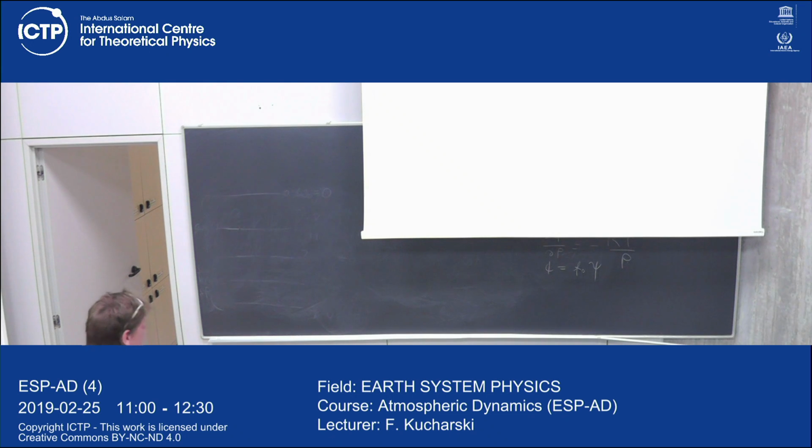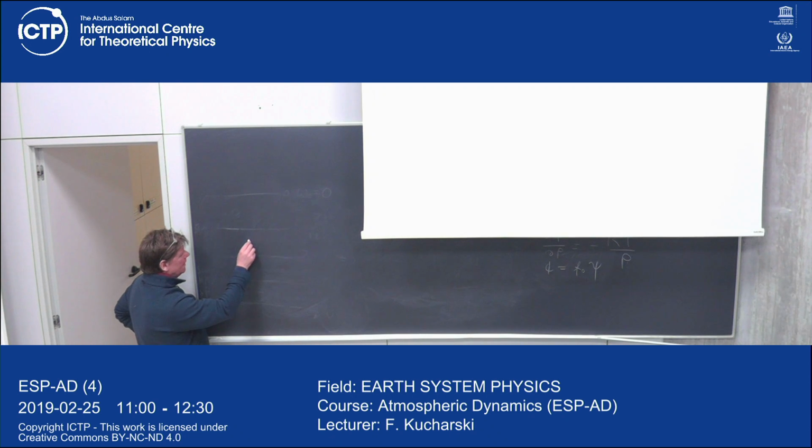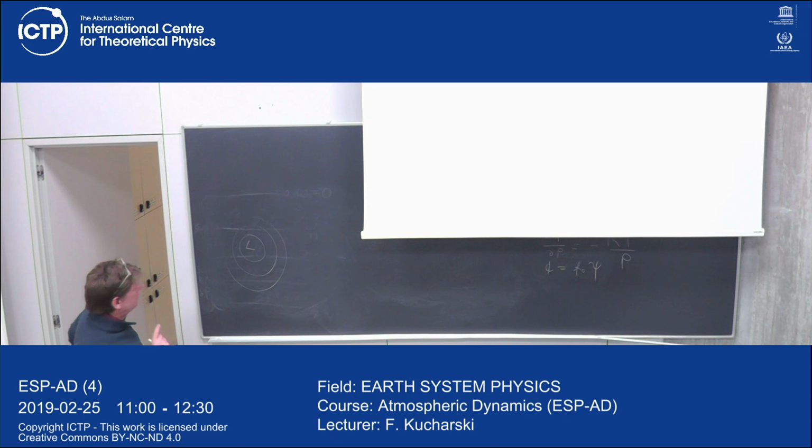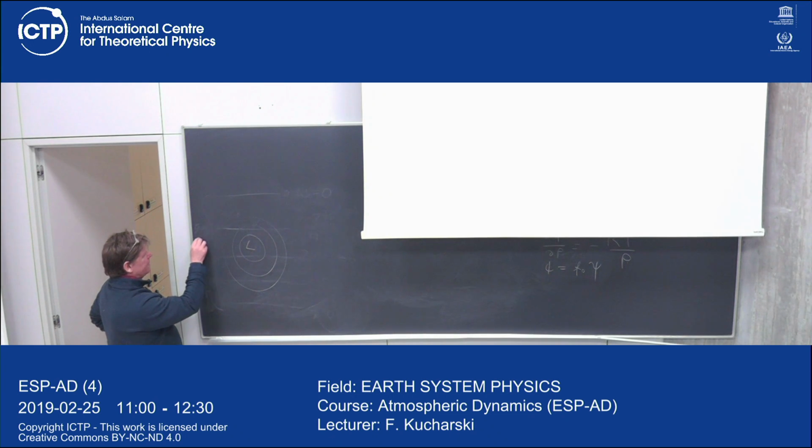So it turns out that if we have a low pressure system at the surface, in order to be baroclinic, this has to have a tilt with height. So usually at upper levels the low pressure will be to the west. The upper level low pressure will be here.